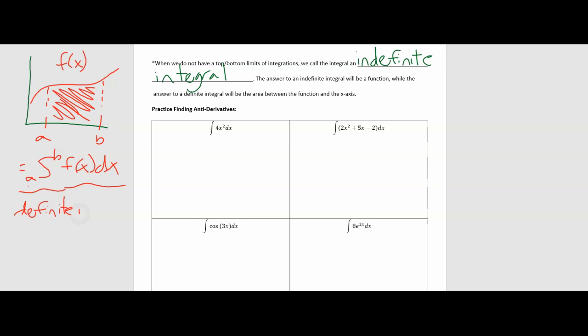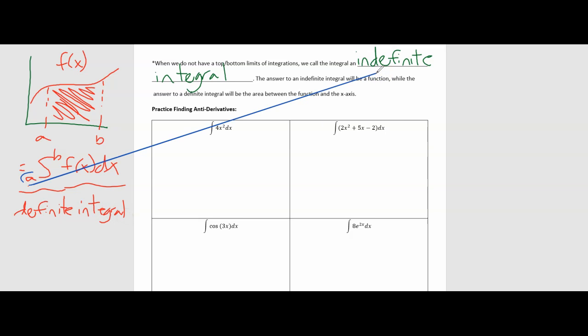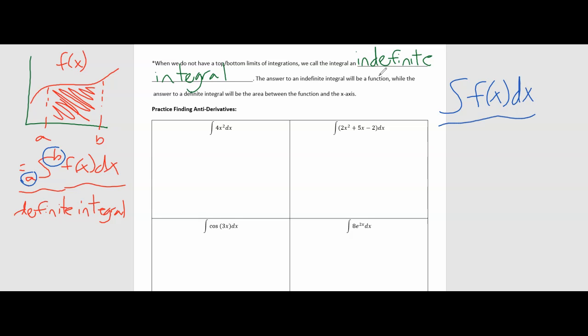That is a definite integral because you are given these limits of integration, a and b. It tells you where to start, it tells you where to finish. An indefinite integral just means that you take those away. So an indefinite integral would be the integral of f of x dx.